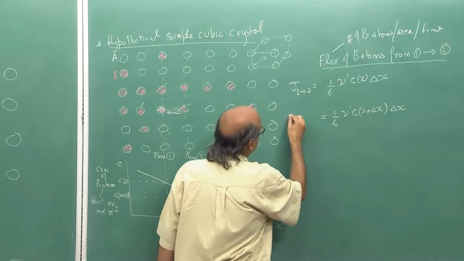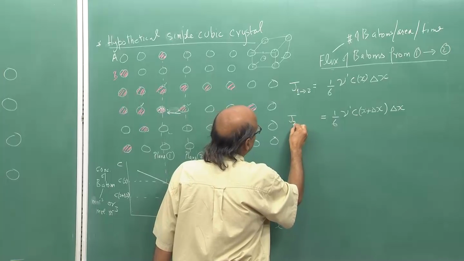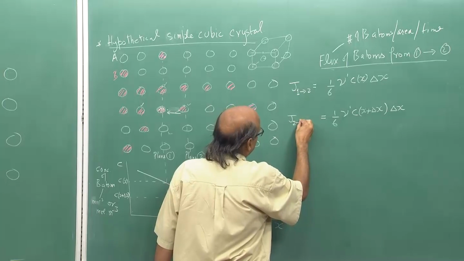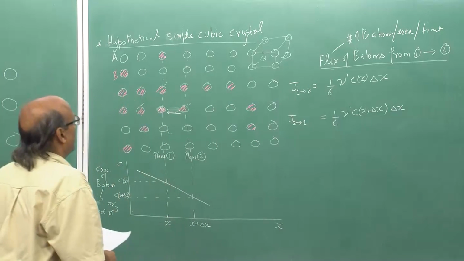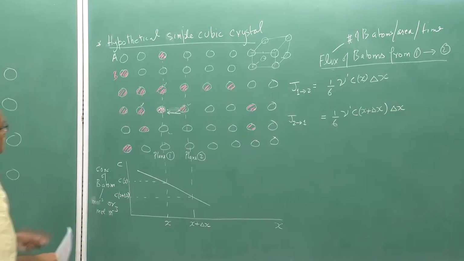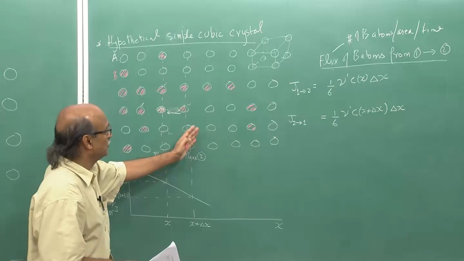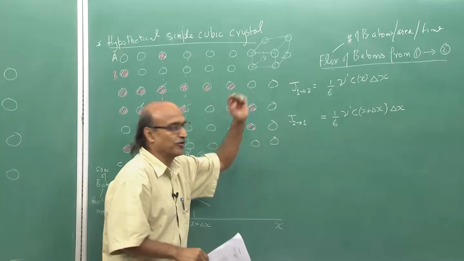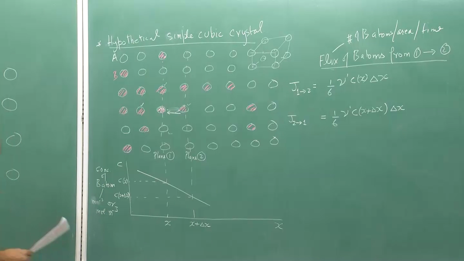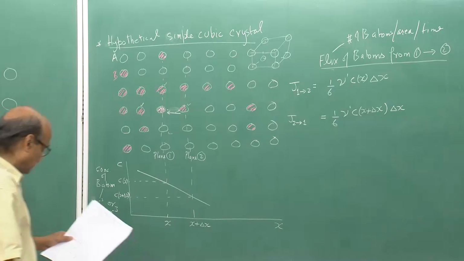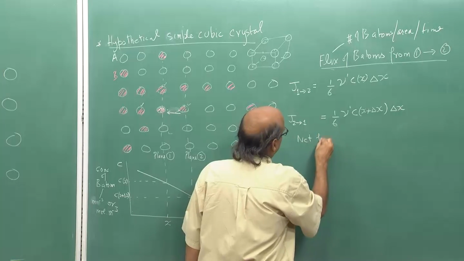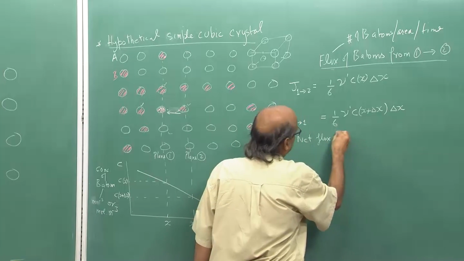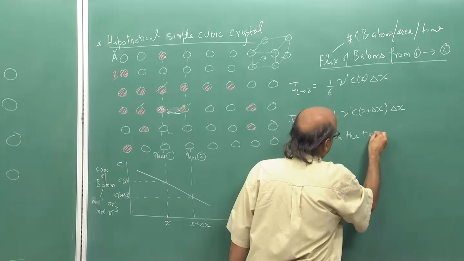Hence, this is the flux of B atoms per unit area per unit time from 2 to 1. So, I have now the flux of B atoms going from plane 1 to plane 2, and the flux of B atoms going from plane 2 to plane 1. Out of this, what is the net flux? So, net flux in the positive x direction.